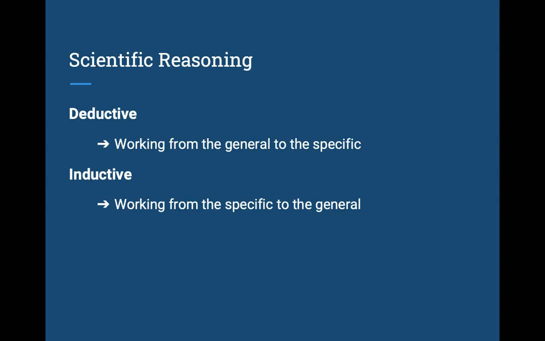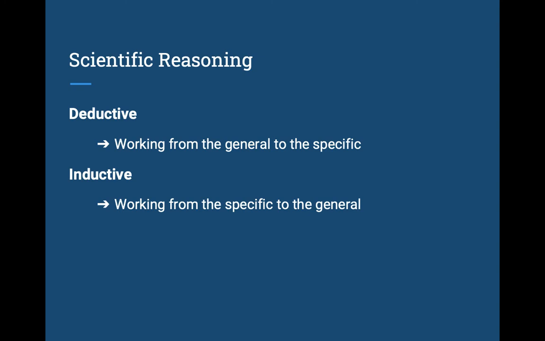And so that's what we're going to be focusing on here. Now, when we're doing this scientific reasoning, we have a few different ways we can approach things. And it all depends on how the problem is set up and what exactly is going on here. We can do either deductive reasoning or inductive reasoning.